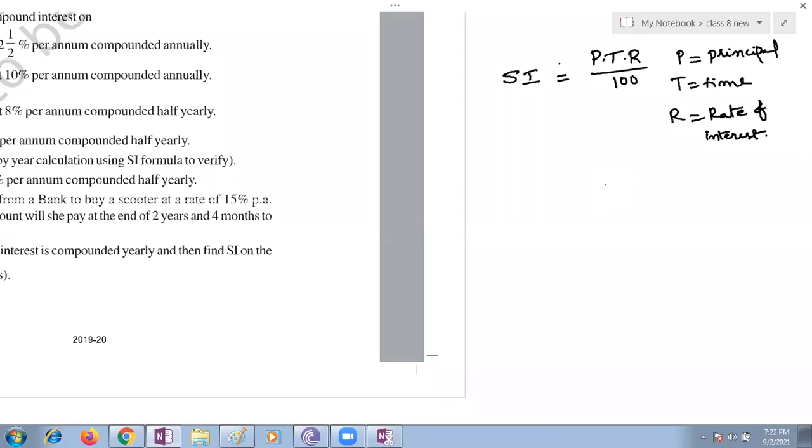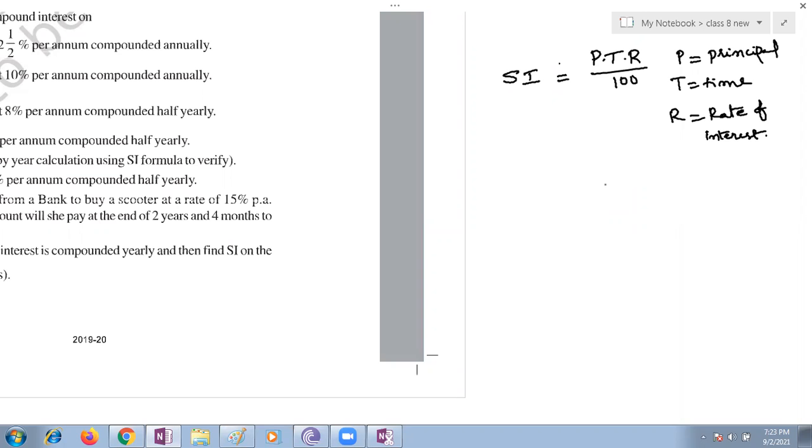If you are taking 4 years, the principal amount is constant throughout the time. Whereas in compound interest, it goes on changing periodically, for every 1 year. What is changing there? The principal is changing.